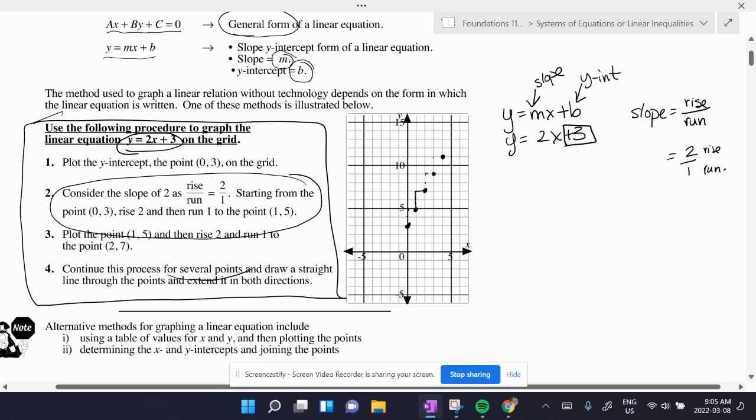Continue this process for several points. Then take your ruler and draw a very straight line, which you all know I'm so good at. What needs to be at the end of these lines? Arrows.